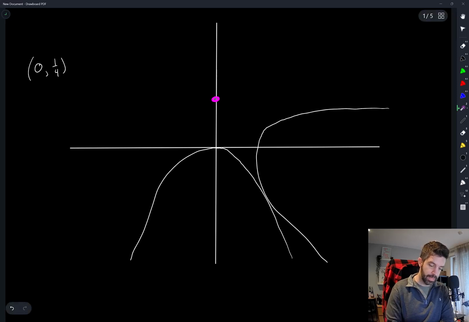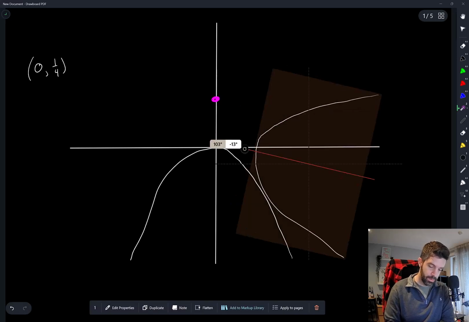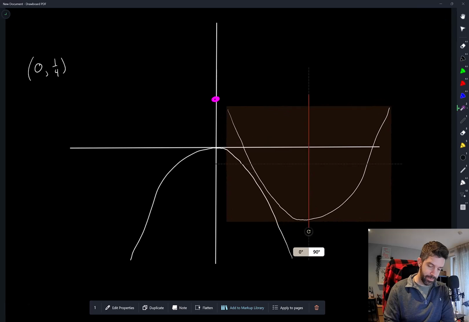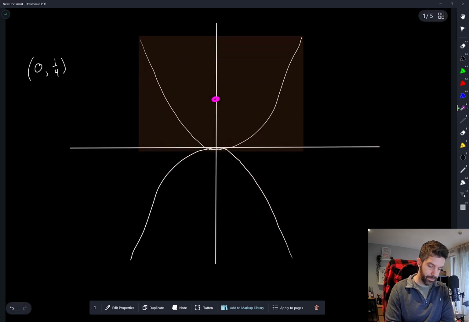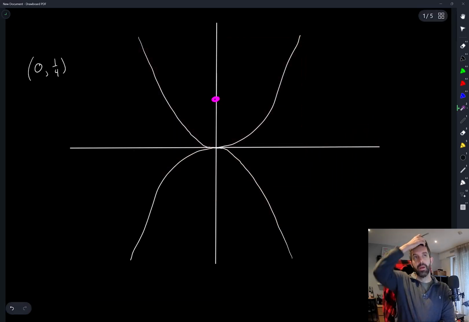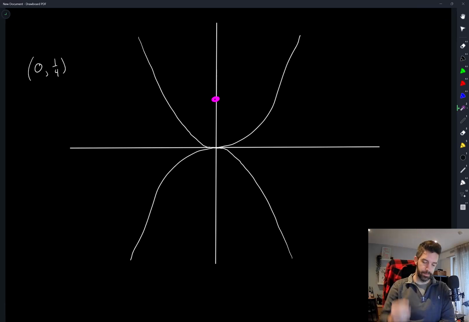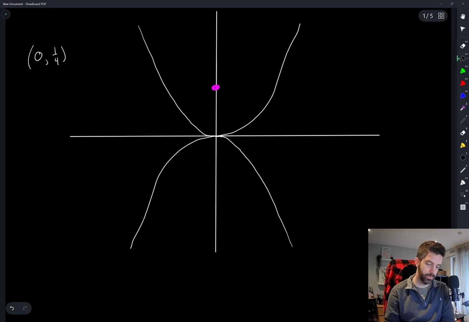So we want to find the curve that this point moves through. I believe that is what we're being asked to do. Okay. So what is the best way to do this?